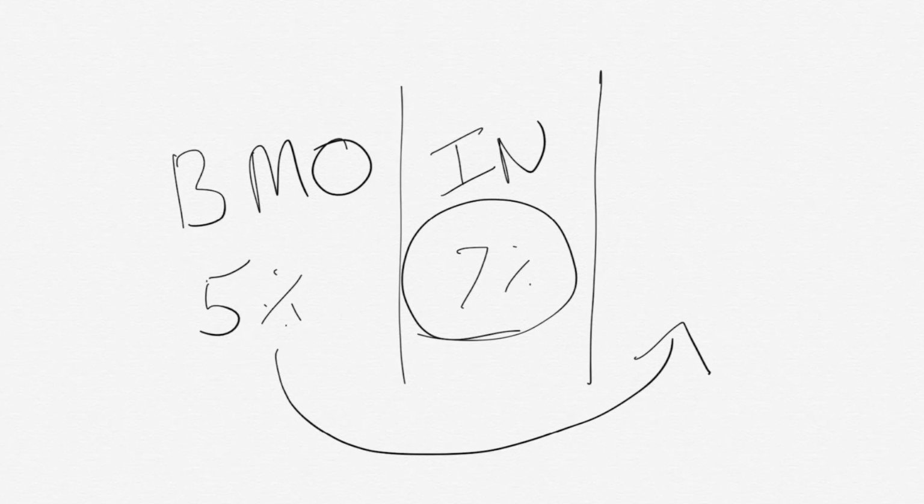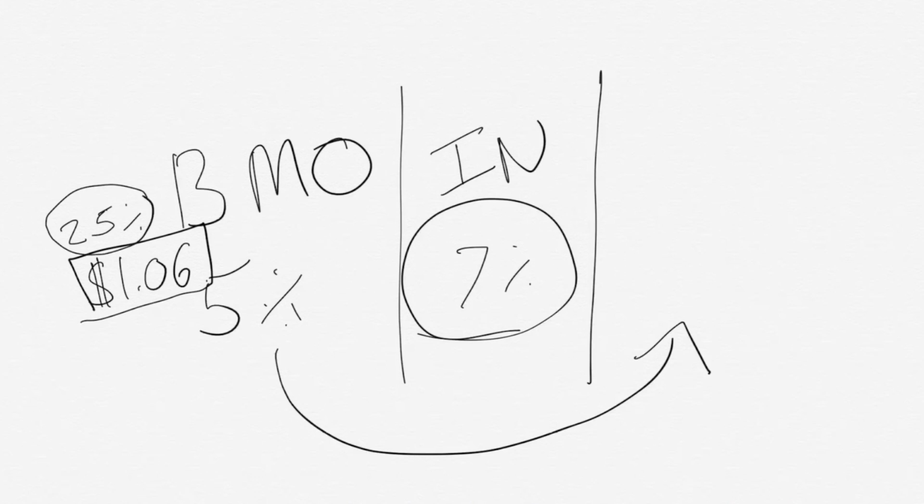So right now, let's say they're paying $1.06, which I think they're paying around that right now anyways. And that was actually a 25% increase versus the dividend that they were paying last year. So automatically, you're already beating inflation with that 5% dividend that BMO currently pays. However, going into next year, you would want them to increase that dividend by more than 7%.